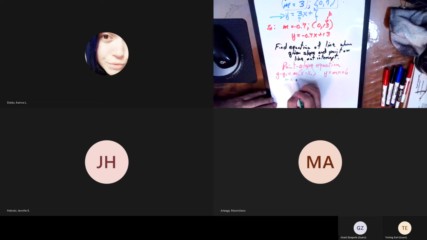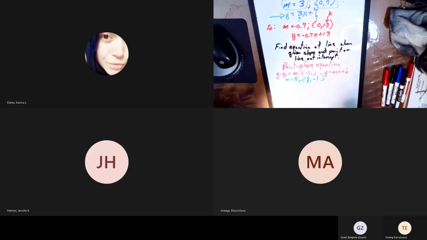So example 2 says given slope m is 5 and point of intersection is (1/2, negative 1). Now I'm going to do it with the y equals mx plus b form first.